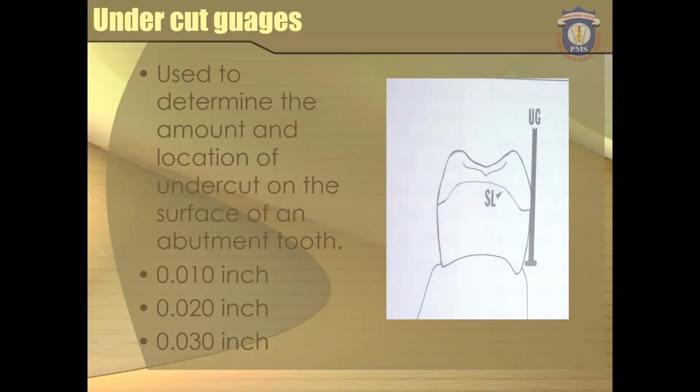So if the clasp material is flexible, there will be less unprecedented force onto the abutment teeth. Okay, so the undercut gauges will help in identifying the depth of the undercuts, and accordingly you can modify the clasp material if required.